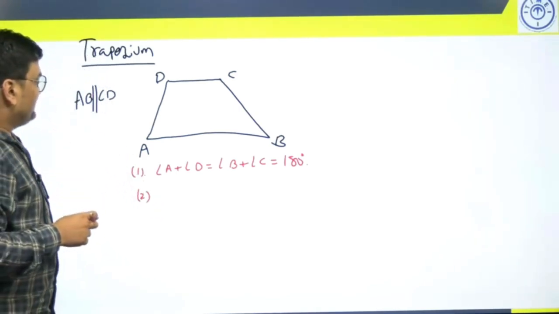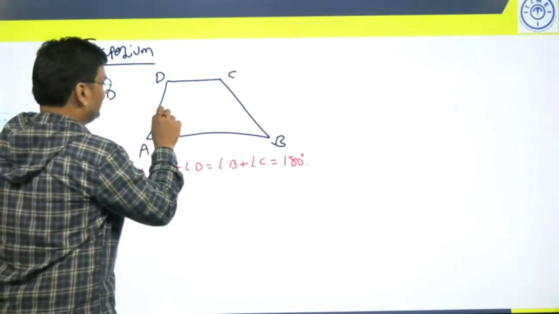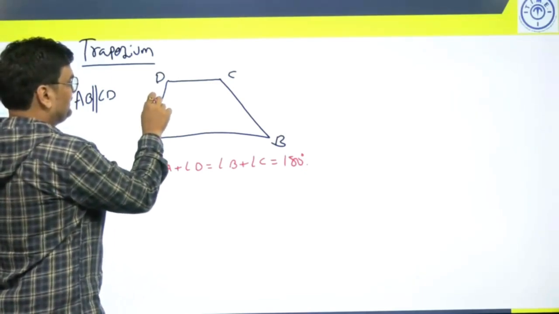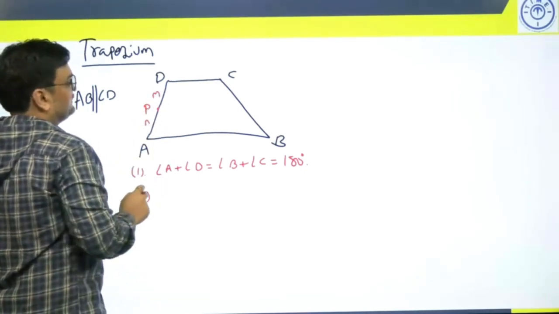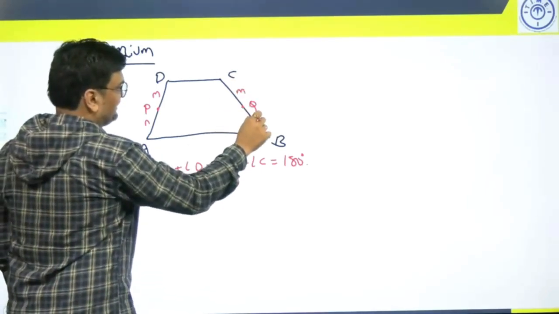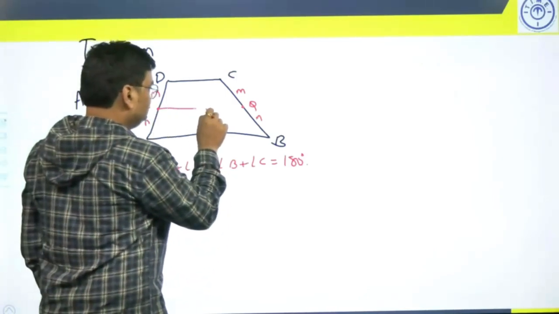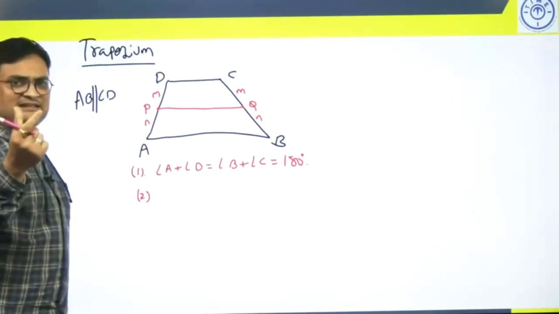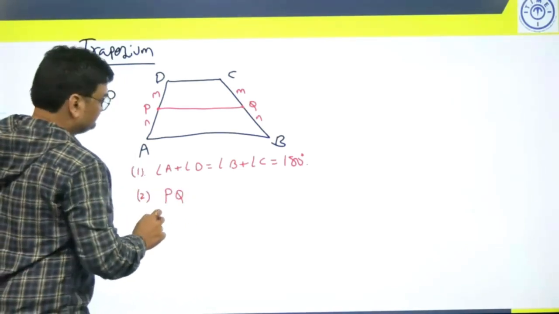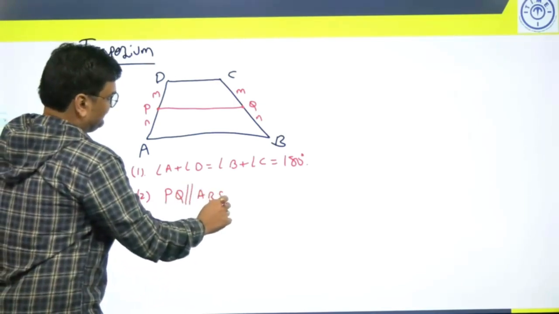The second property that we have in the case of a trapezium is: if you take a point P which divides DA in the ratio m is to n, and you take another point Q which divides CB in the same ratio m is to n, and if you join these 2 points you will get the line segment PQ. Now that PQ will be parallel to the parallel sides. That is one thing.